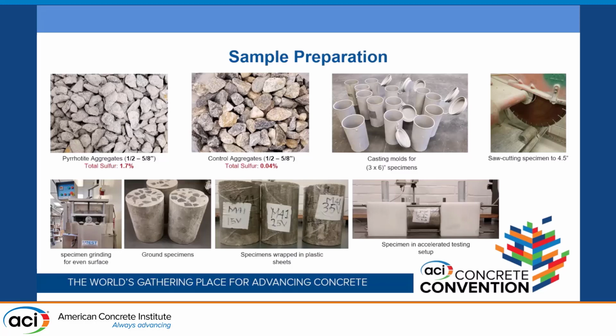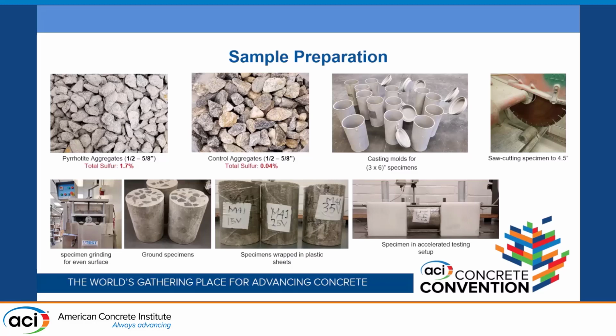Now for our control aggregates, we sourced these rocks from a quarry very close to campus at UConn. We also did total sulfur testing on them, using the LECO elemental analyzer described by my colleague.